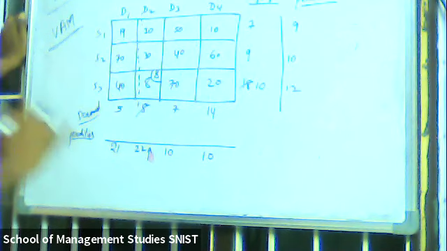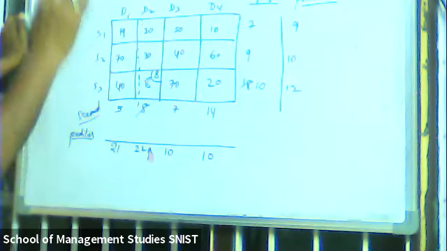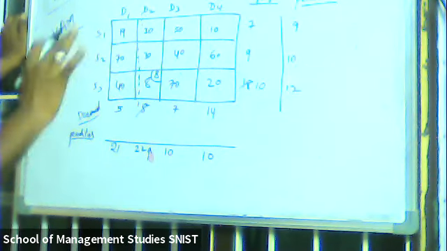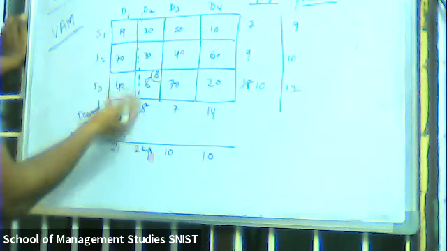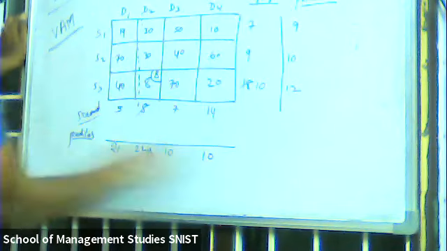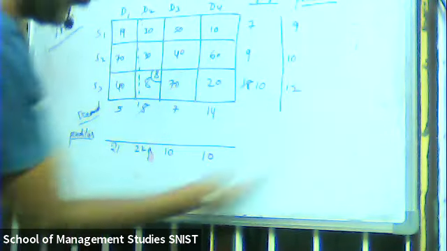Check the highest penalty, and if it is a row or column, identify in that which one is the minimum, and with the minimum demand and supply, allocate that value. That's it. We should not consider 22 now because it's done. First entry was done. Now again we are going to find out the penalties, based on the second penalties we'll check.